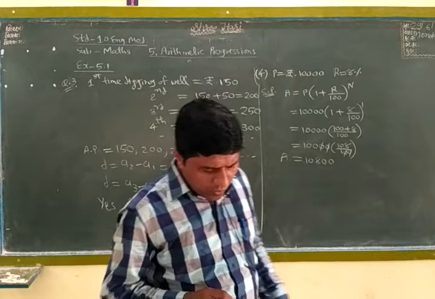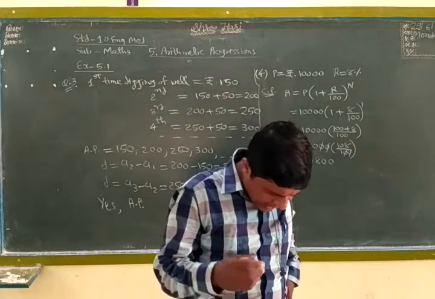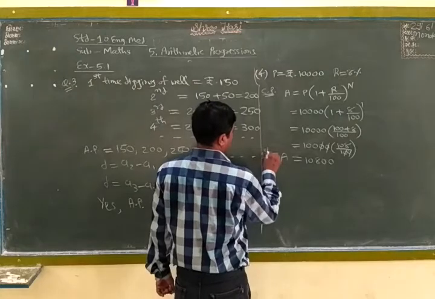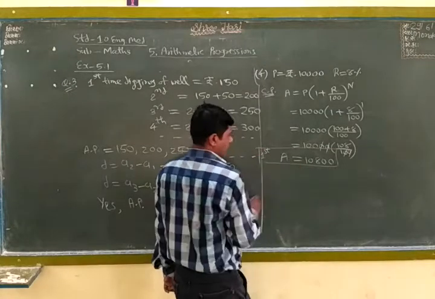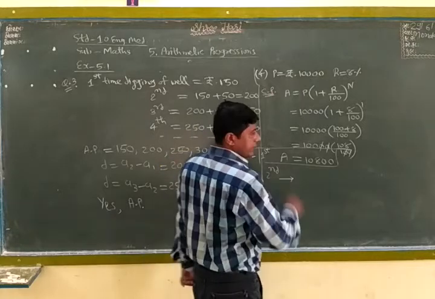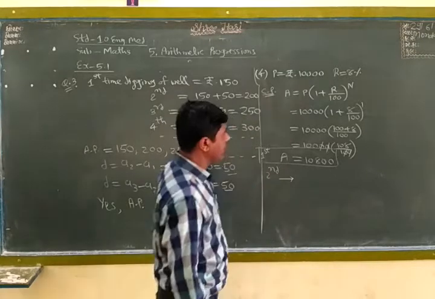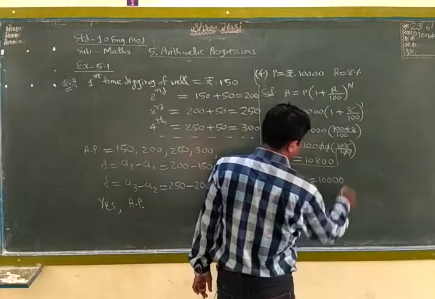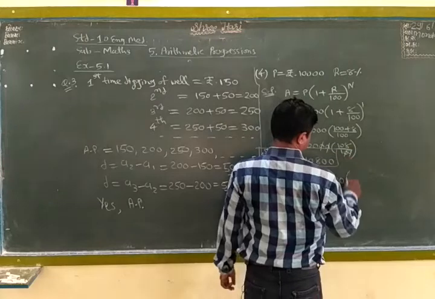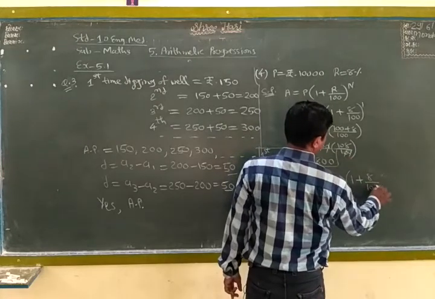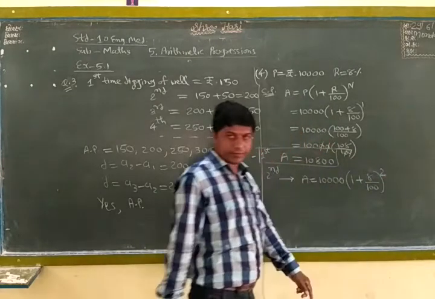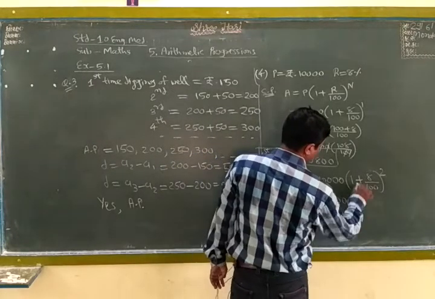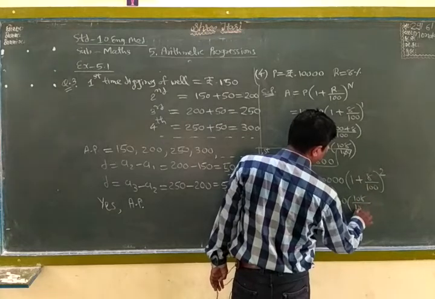But here we want to find the second compound interest. This is the first year, first year compound interest. Now second, same to same. The formula is the same. A, P is equal to 10,000, 1 plus R, 8 by 100, raised to 2. Second year, so 10,000, 108 by 100 raised to 2.